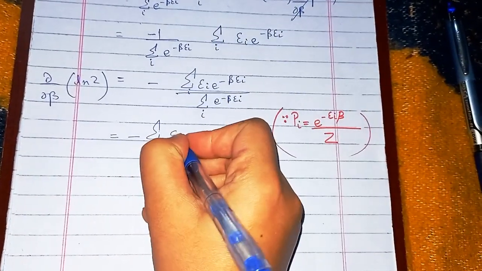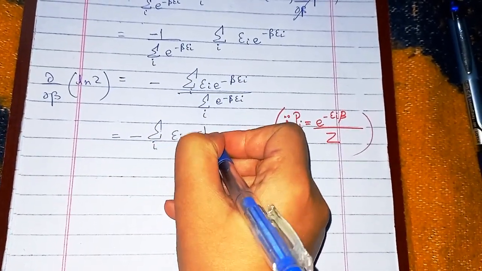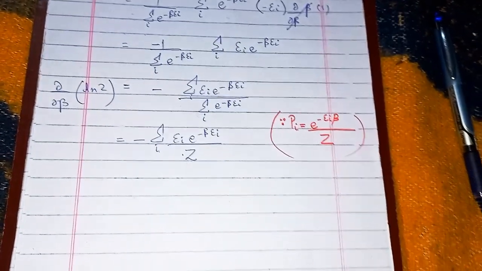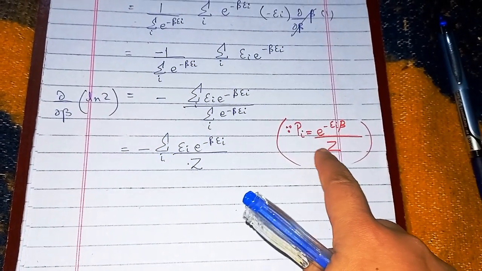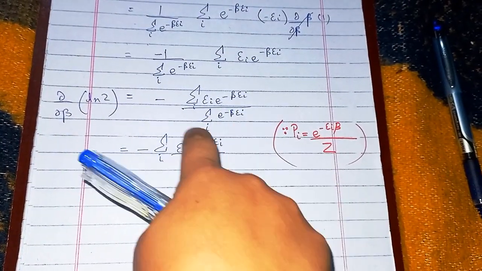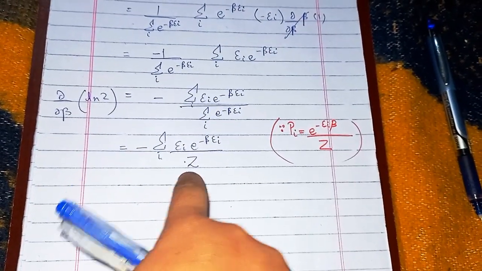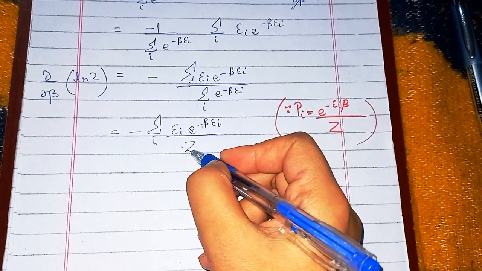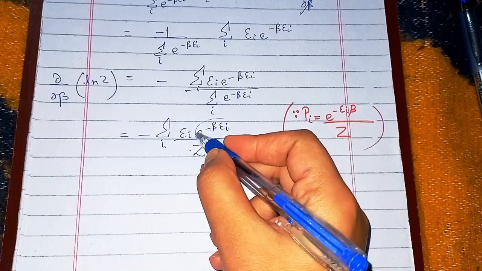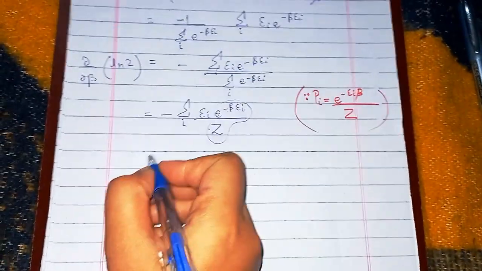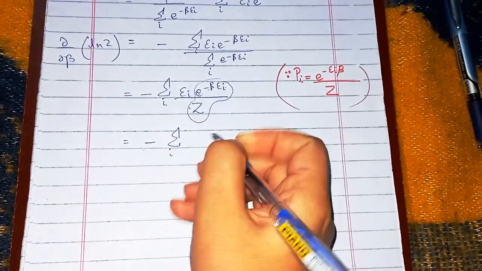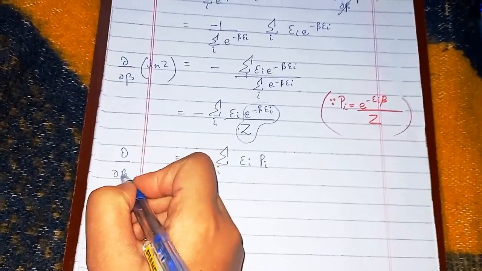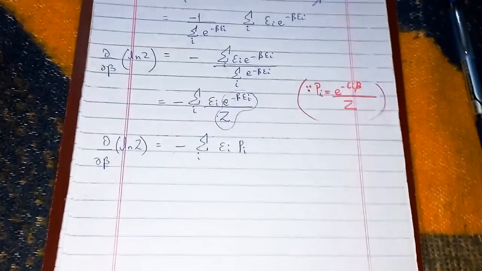I wrote it here as a guide to see what necessary steps should be done. This term in the denominator was Z. So if you see that here e to the power minus beta Ei divided by Z is Pi, we can replace this term here with Pi, giving negative Ei Pi. This is partial by partial beta of natural log of Z.